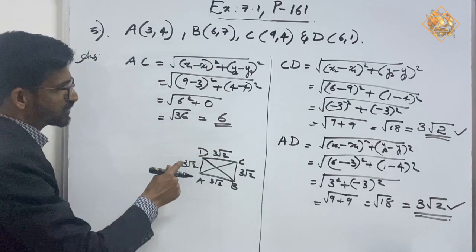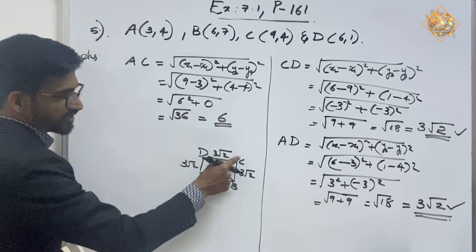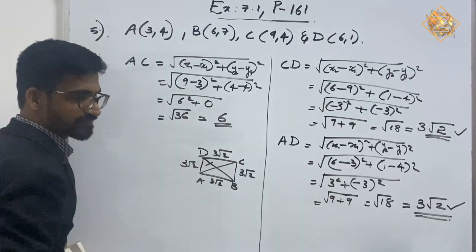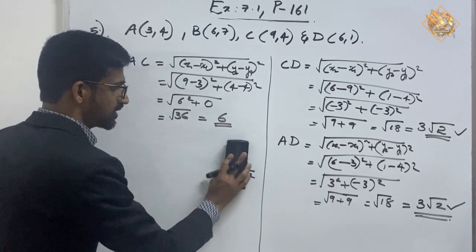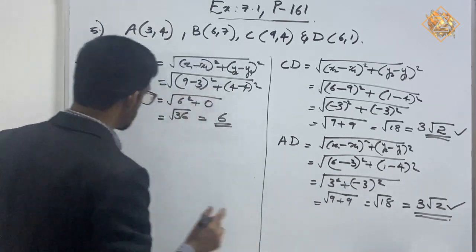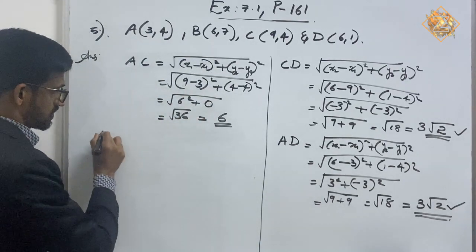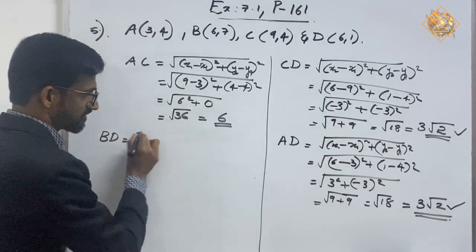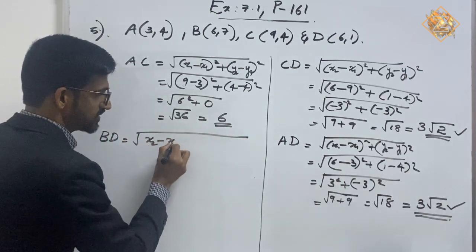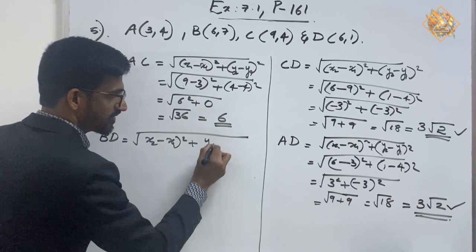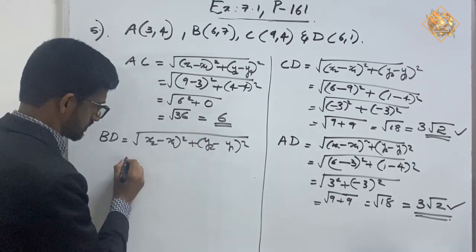Similarly, we need to find what? AC we got. Now the second diagonal, that is BD. So we will find BD now. Again applying the distance formula, we have square root of (x2 minus x1) whole square plus (y2 minus y1) whole square.